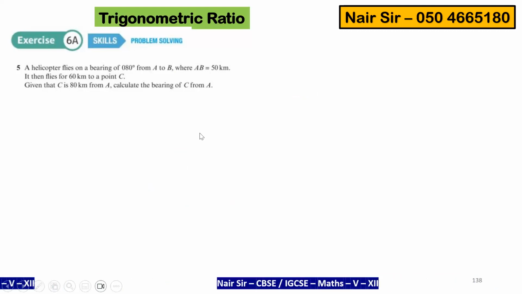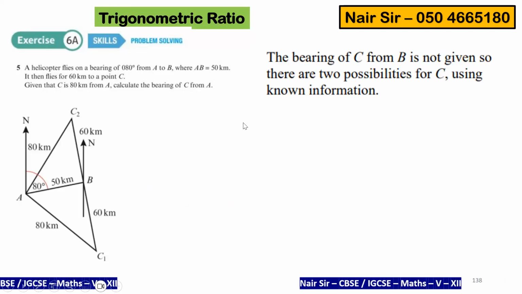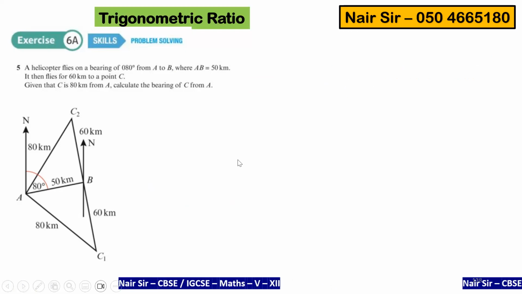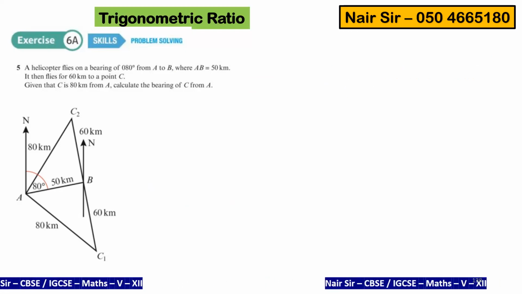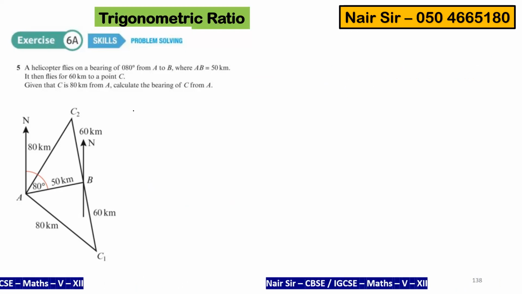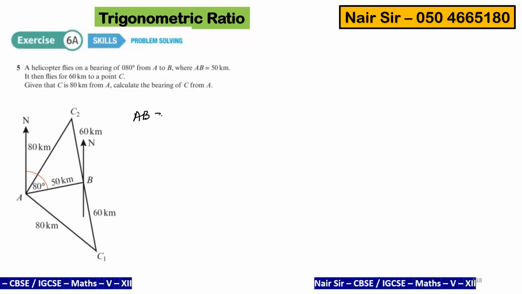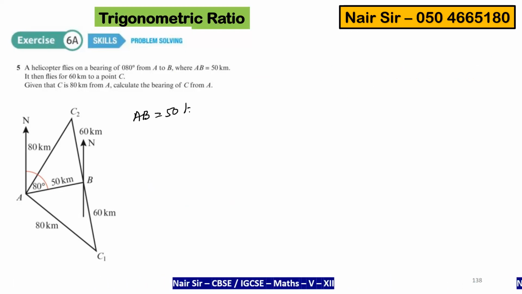As whatever I have discussed, my image comes like this. I have got AB, AB is equal to 50 kilometers.